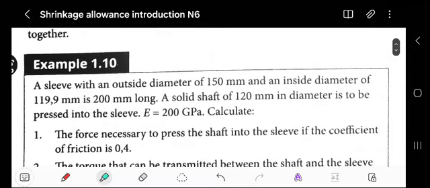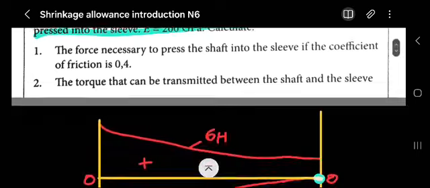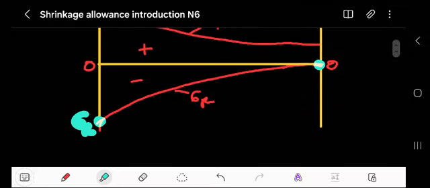If we read here, I don't see anything talking about the internal pressure or hoop stress or radial stress. We are not given radial stress here. So let us name this radial stress. We can call it pressure, or P, or Y, any letter of your choice, guys.